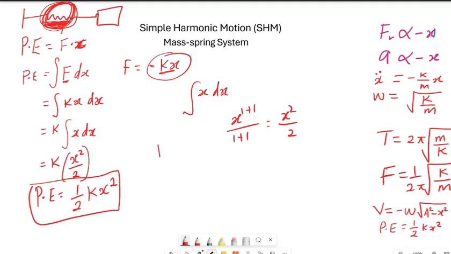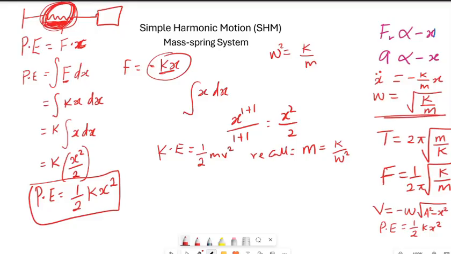But for kinetic energy, we all know that kinetic energy is the energy due to motion. So we know that it is half mv squared. And recall that your m, from omega squared equals k over m.